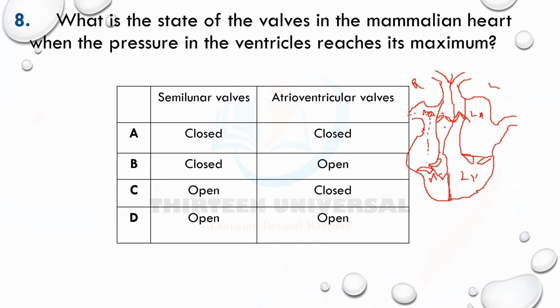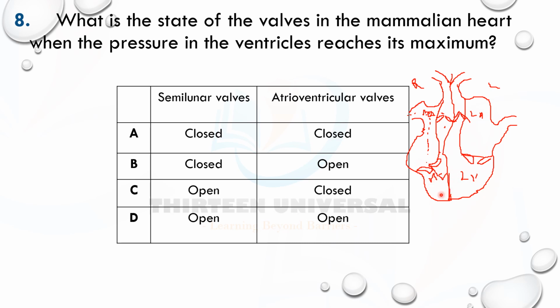Let me use a better tool. Watch this. The deoxygenated blood comes in through the vena cava into the right atrium. Oxygenated blood is entering here through the pulmonary vein. Both atria contract at the same time, and when the atria contract, called atrial systole, the ventricles are relaxing to receive the blood.